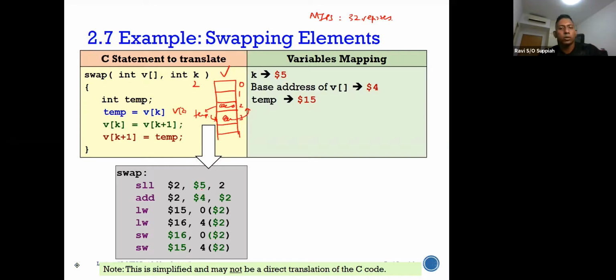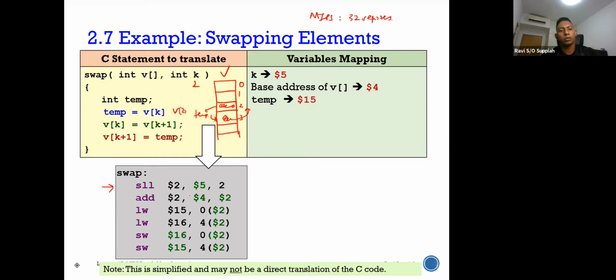Now let's look at the first instruction here, SLL 5, 2, put into register 2. The shift left logical: what is happening here? You are shifting the data in register 5 to the left by 2.